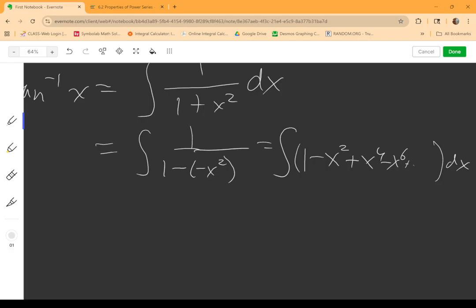Taking the integral now for each individual term here, so we get c plus x minus x cubed over 3 plus x to the 5th over 5 minus x to the 7th over 7, etc. Right? And we see the pattern emerging. So now we have all the odd values here.